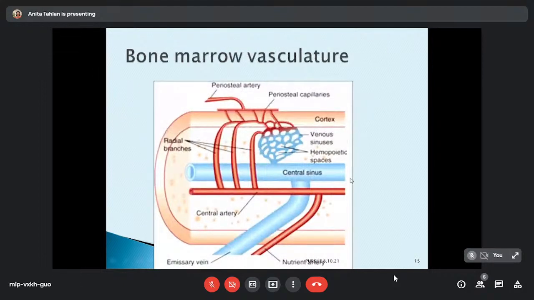The main supply of the bone marrow is by the nutrient artery. A less important supplier is the periosteal artery. This nutrient artery gets divided into radial branches. These radial branches pierce the cortex, and then the blood from this as well as the periosteal arteries mixes, and small capillaries are formed here.